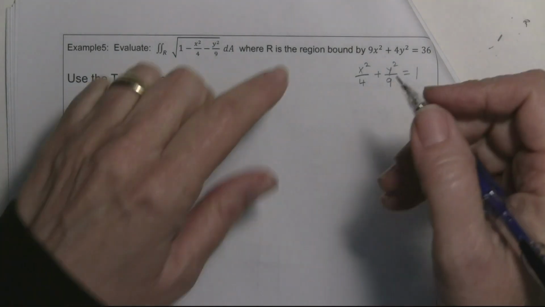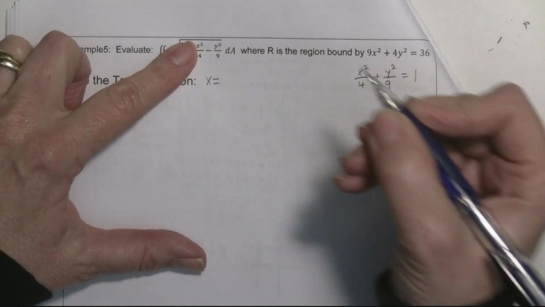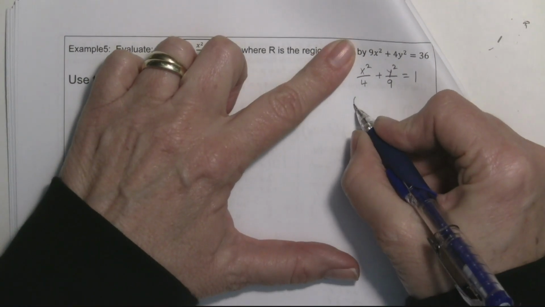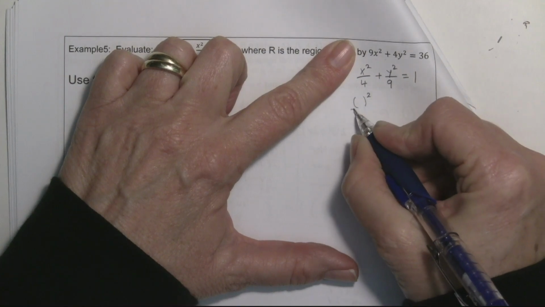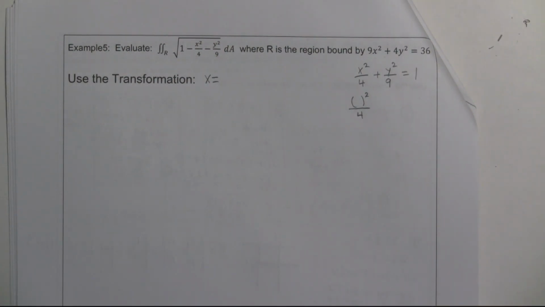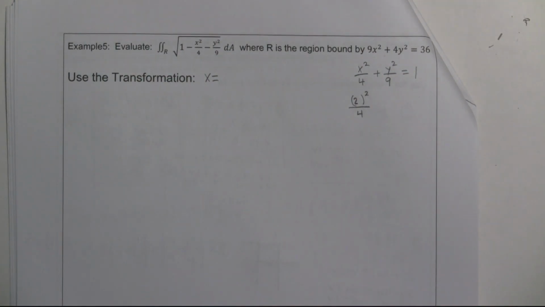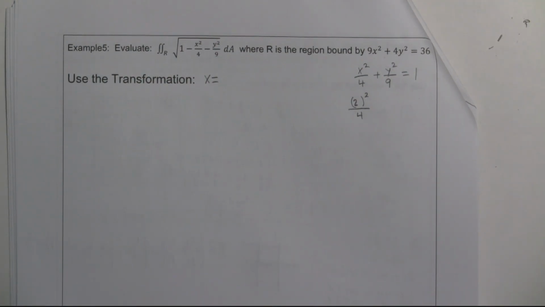So I'm going to put x equals something, and I want to put parentheses squared in here, and I want it to cancel out the denominator of 4. So you already know what you're going to put in here, right? A 2, because 2 squared is 4. Now I'm canceling out the denominator.